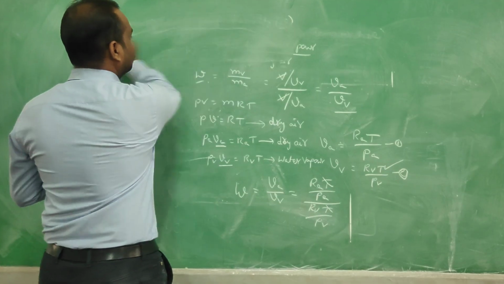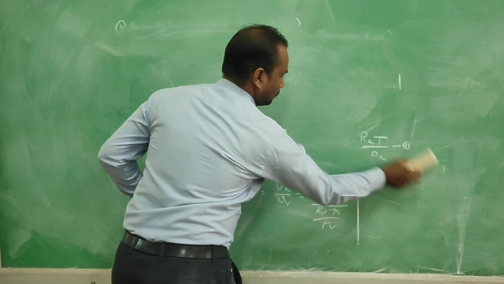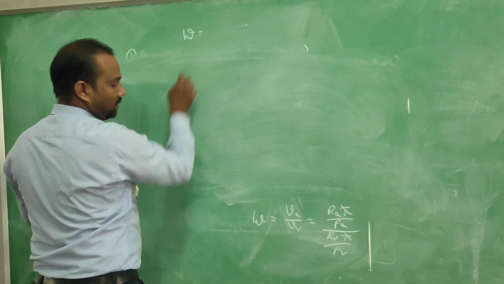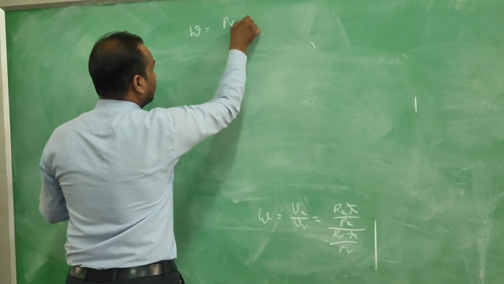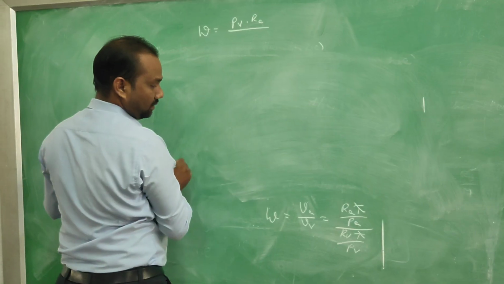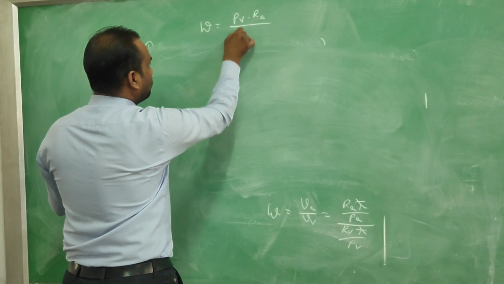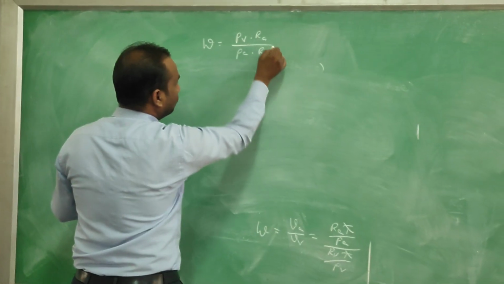Then the final expression, omega, is given as PV RA by PA RV.